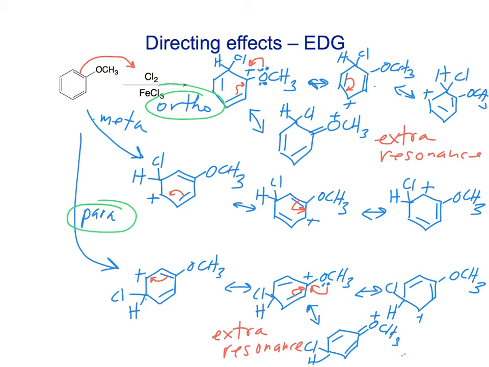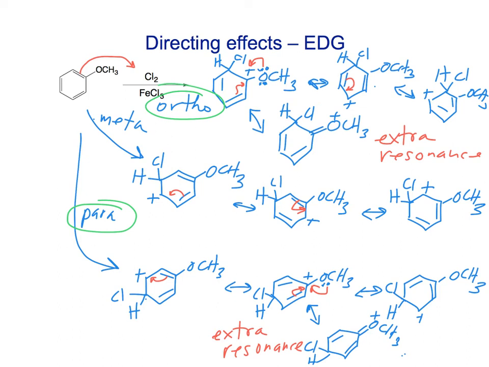Yes? So in the original reaction mechanism, that H that was on the same position as the Cl ended up getting removed, and it went back to a benzene ring. Yes. Why does that not happen here? It will. So the question was, before we always talk about another step where the H is removed. That would happen. We're only looking up to the intermediate though.